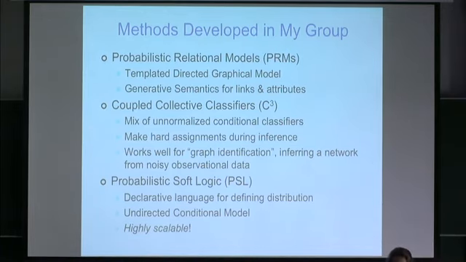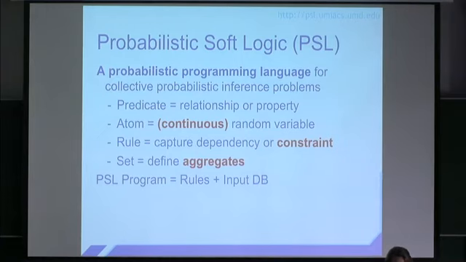So let me illustrate this by cartoon. But first off, it's a probabilistic programming language. I'm going to give some examples in a sec, where we're going to be able to use predicates to represent either the attributes of nodes or the links or edges between them.